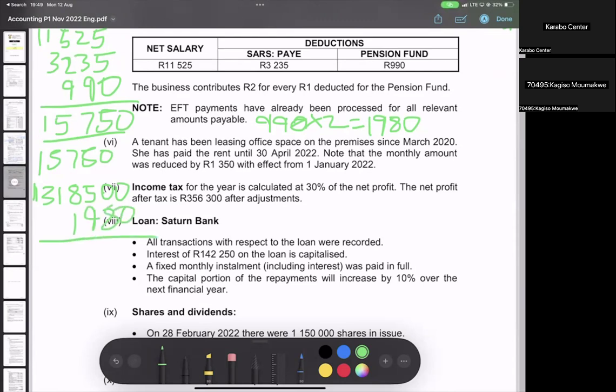So 1,381,500 plus 15,750 plus 1,980, which is equal to 1,399,230.